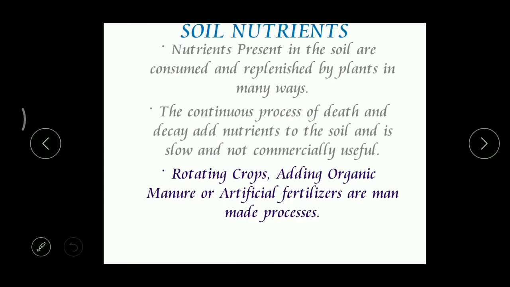Then soil nutrients. For example, there is a rice bag in your home. Think that daily your mother uses 2 kgs of rice per day, and your father bought a 50 kg rice bag.